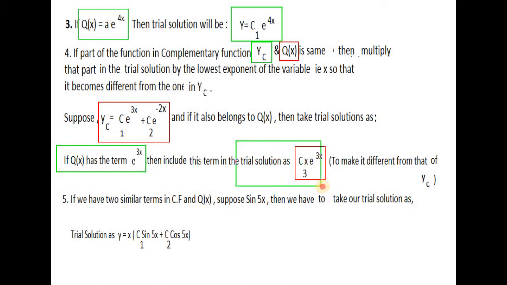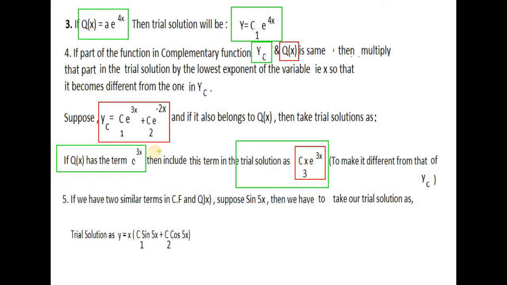Now our trial solution will be this one. This trial solution is a function which is different from e power 3x and c1 e power 3x. Here one point must be kept in mind. In the complementary function we have constants c1 c2, and in the trial solution we have chosen another constant, and our aim is to determine this constant c3.